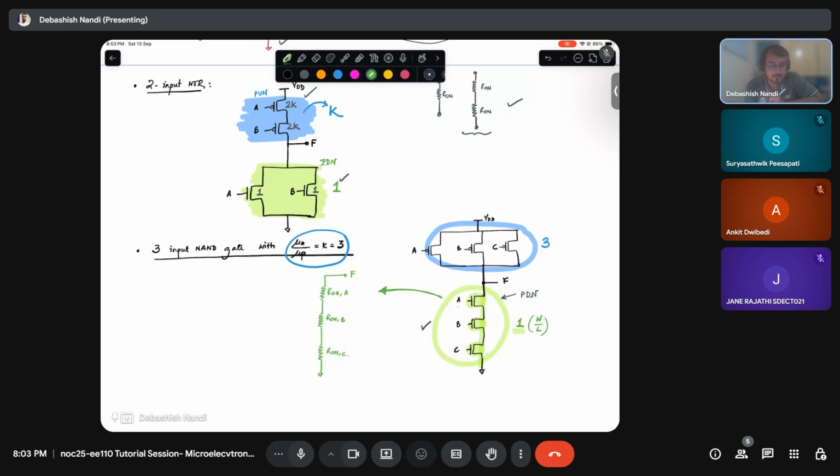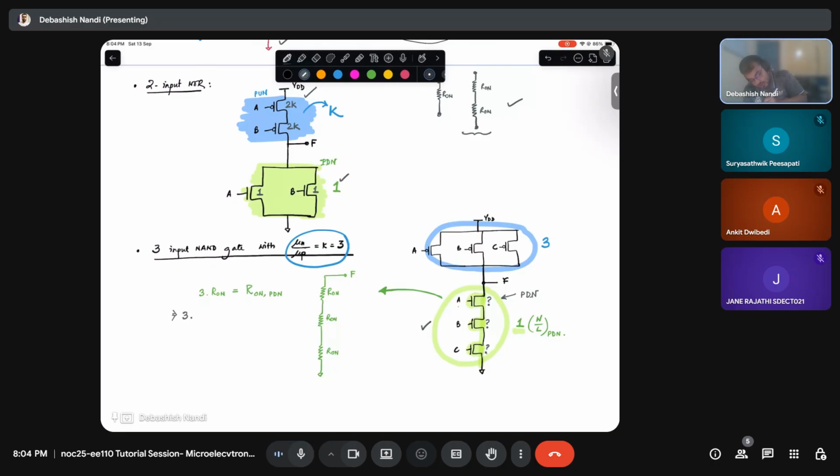Fine. Let's say all are the same, R on. So your 3 R on has to be equal to R on of the pull down network. Now I want to find out the transistor size of this.